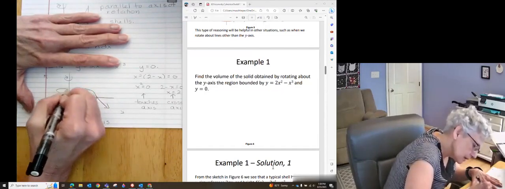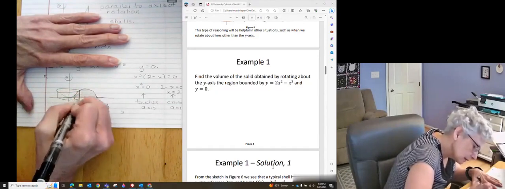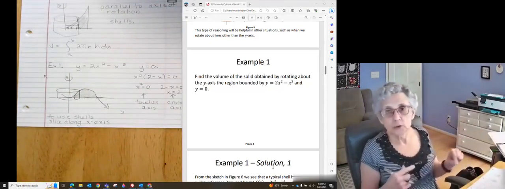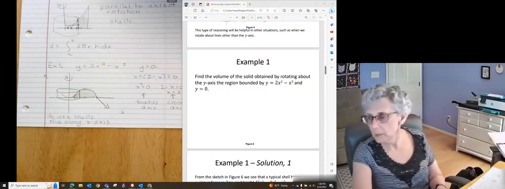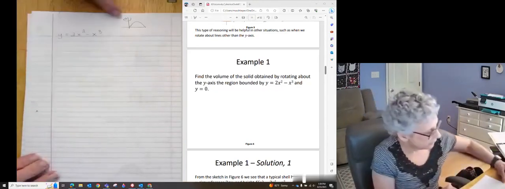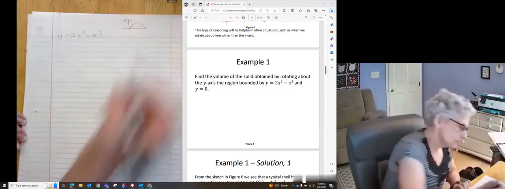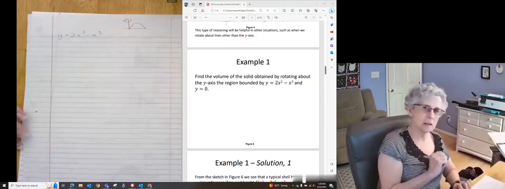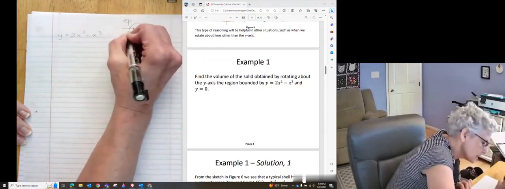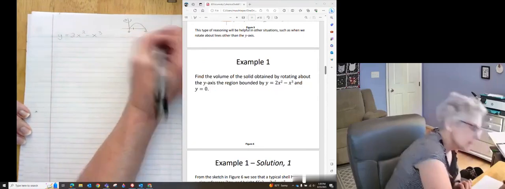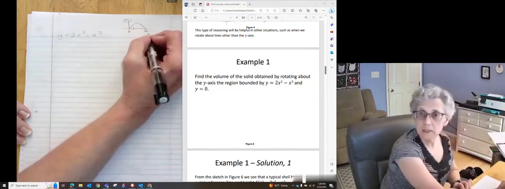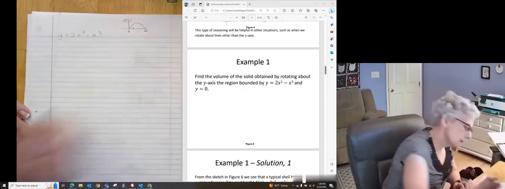And we'll have something that looks like cylinders that look like that. So I'm going to write the equation again on the other side of my paper. So I just rewrote the function, and then I made myself a little graph so I can still keep my mind on what I'm doing. So I'm going to make a slice here on the x-axis, and this goes from 0 to 2, where it crossed the x-axis. So those are going to be my limits of integration because that's where I'm slicing.